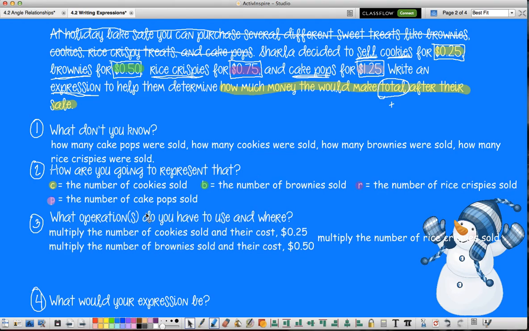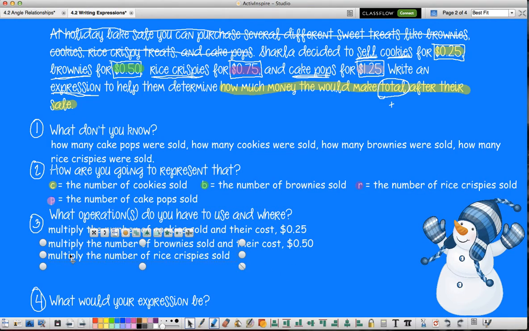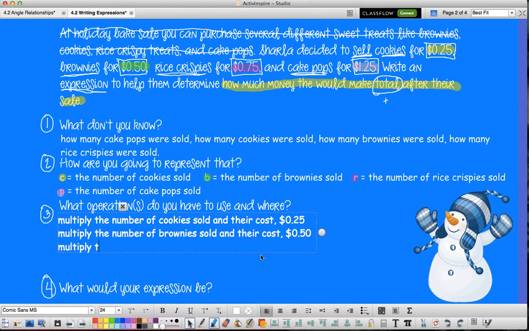Hopefully that helps out a little bit. Actually, now I can continue here, so multiply the number of Rice Krispies sold and their cost.